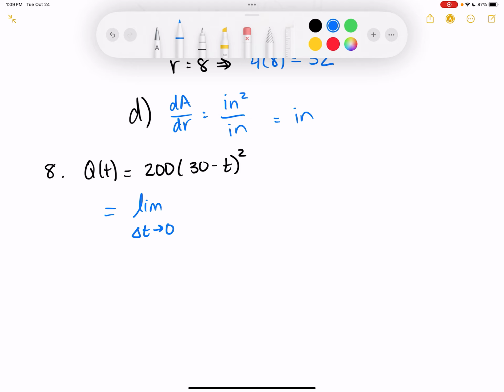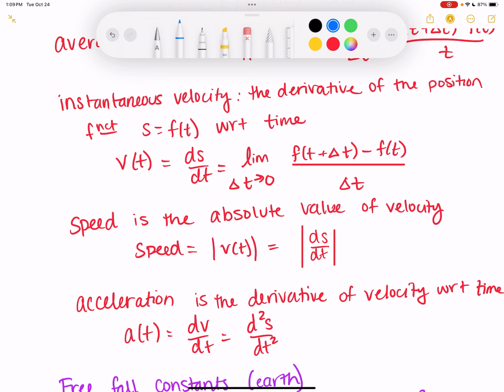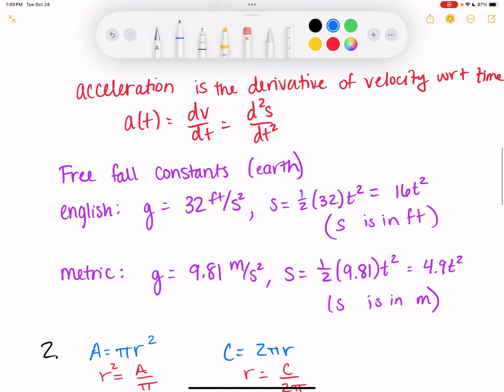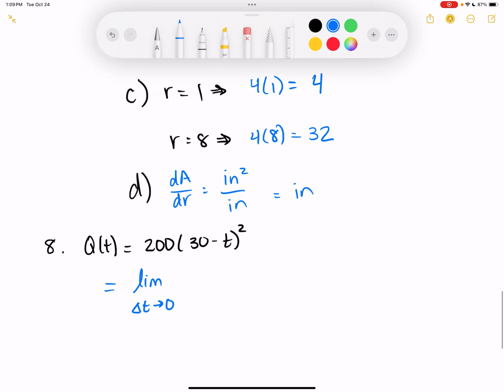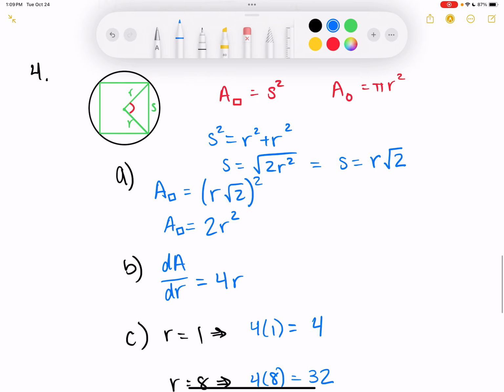And remember what ultimately is getting plugged in is this T plus delta T. So this is going to be 200 times (30 minus (T plus delta T)) squared, minus 200 times, what goes in the second one?